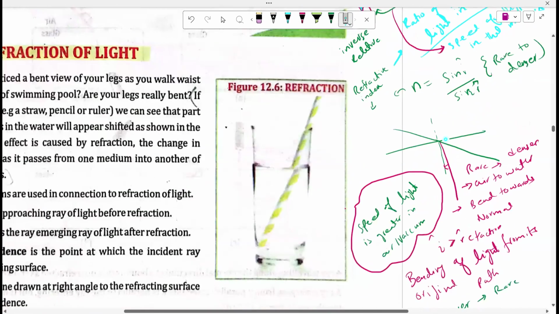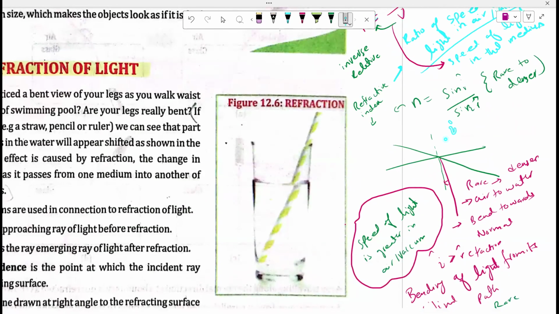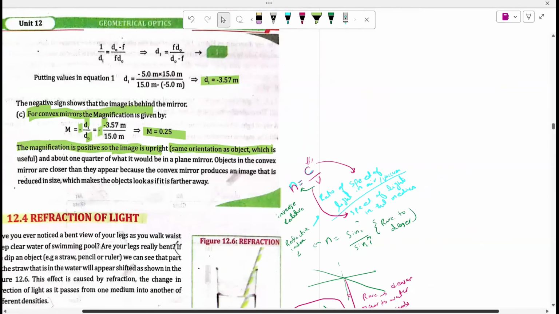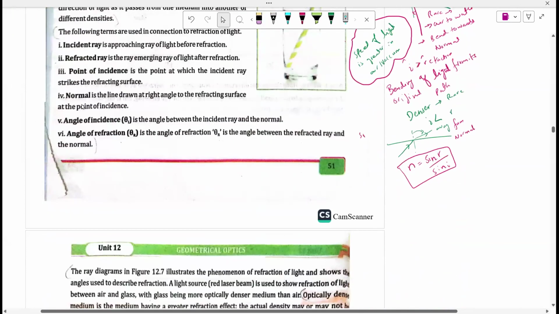And whenever we are using this formula, sine i would be greater than sine r. Similarly, whenever we are discussing in context to some medium, this value would always be smaller than this one. So these are the checkpoints that we'll use to make sure whether we are doing the right calculations. Clear? Yes. Now let's review what our book has to say.